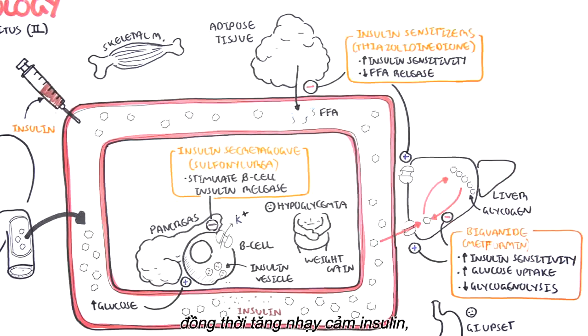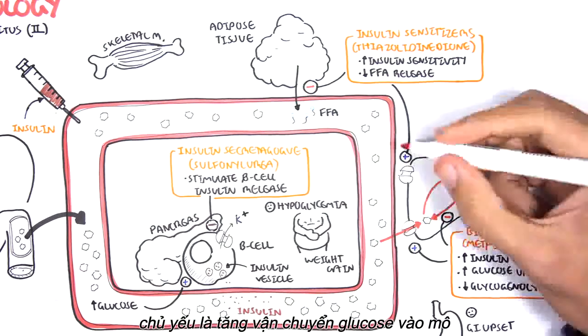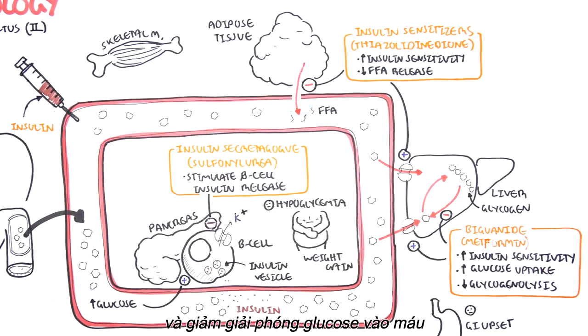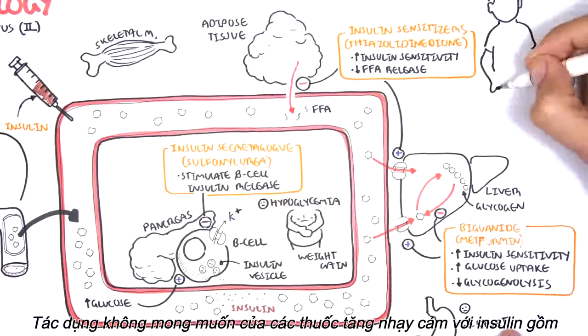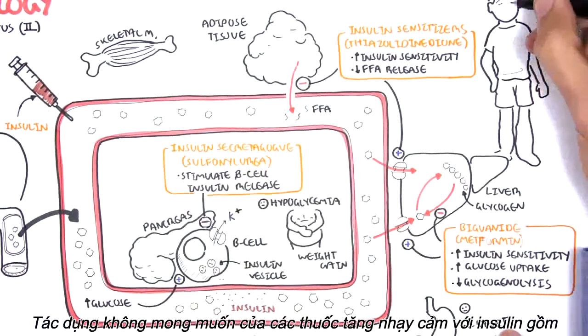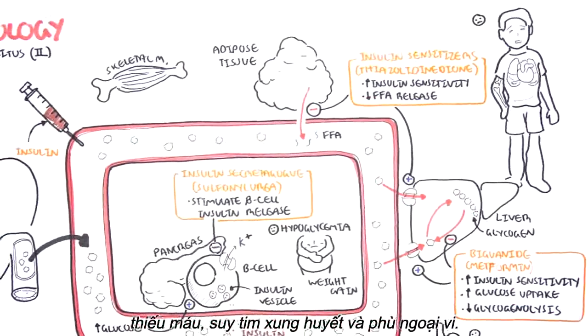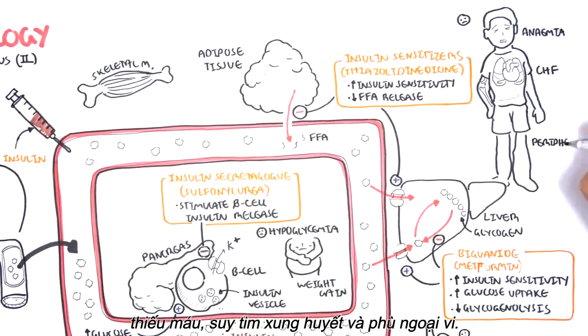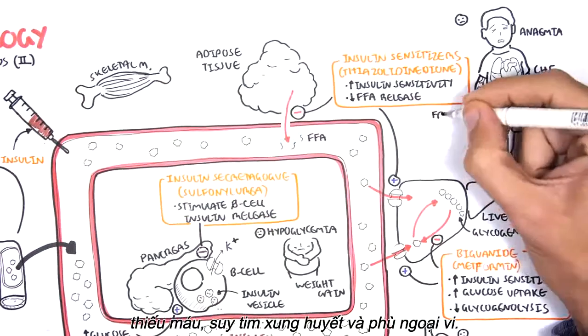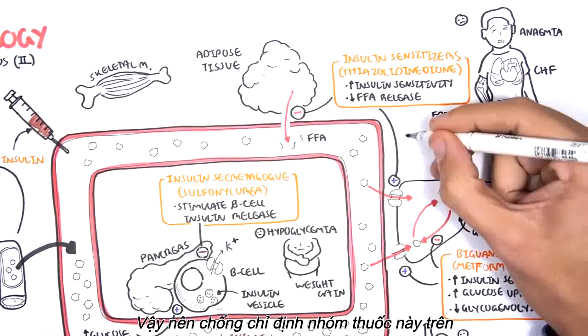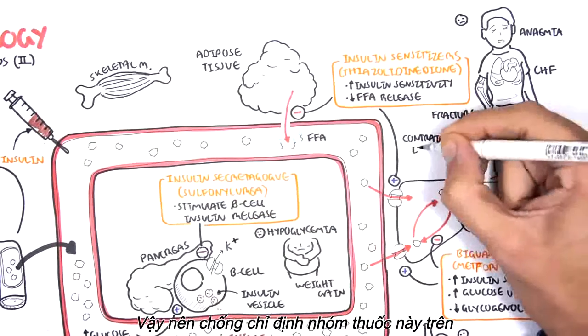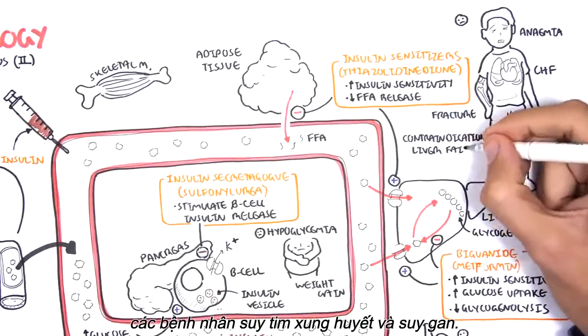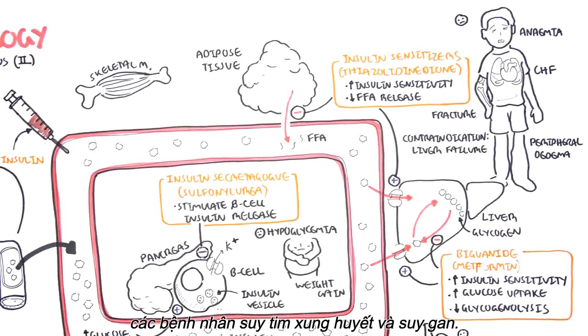As well, they stimulate, as mentioned, insulin sensitivity, which essentially will lead to increase in glucose uptake to tissues and decrease in glucose release into the bloodstream. Side effects of insulin sensitizers include anemia, congestive heart failure, peripheral edema, fracture. And so, therefore, insulin sensitizers are contraindicated in patients with congestive heart failure and liver failure.